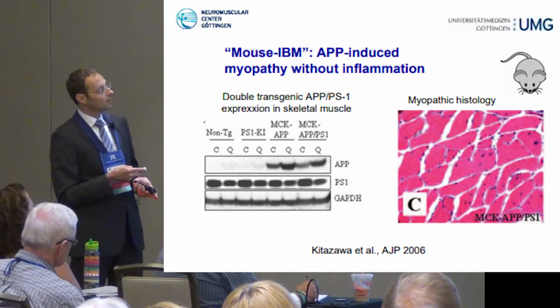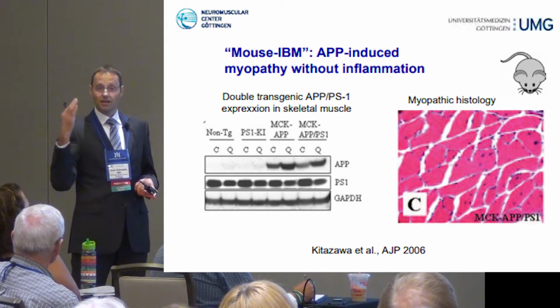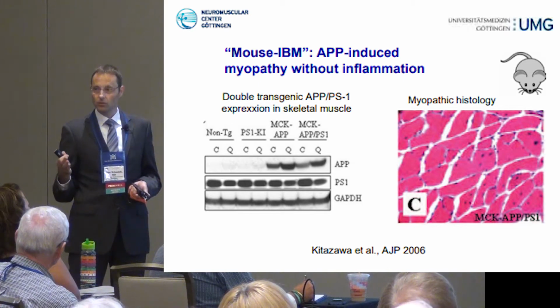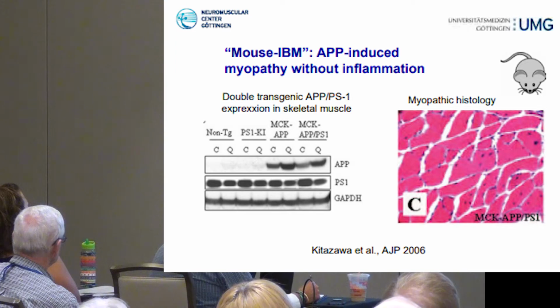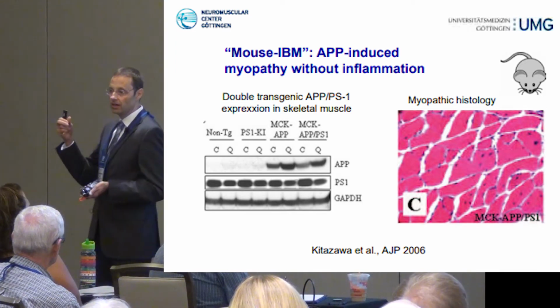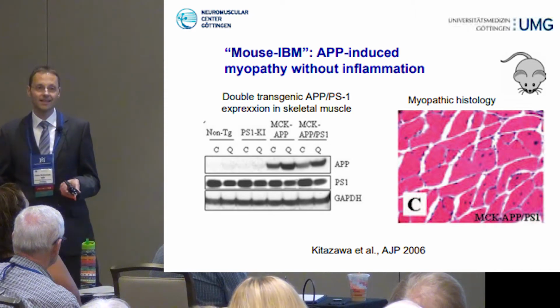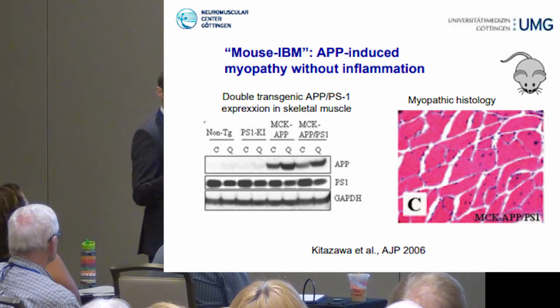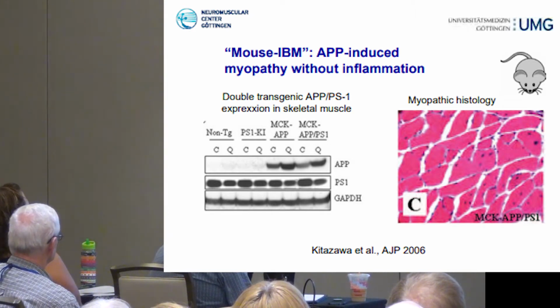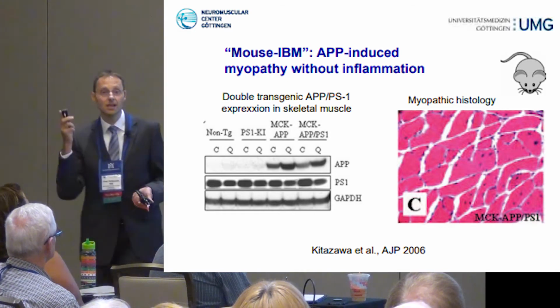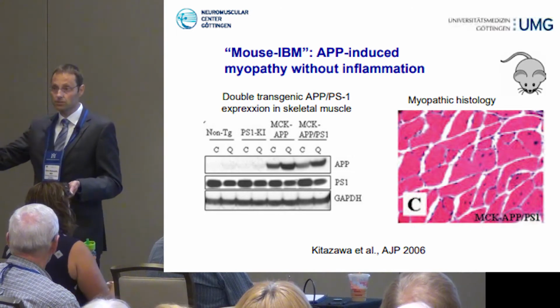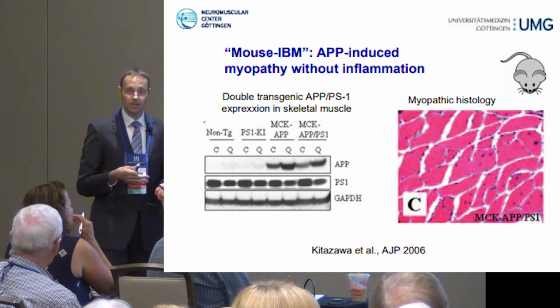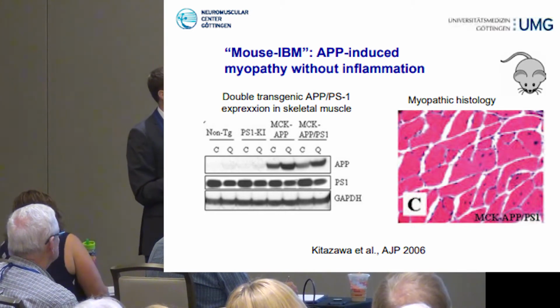They developed a mouse model with a specific overexpression of amyloid in the skeletal muscle, and they did that by using the enzyme creatine kinase, which all of you know, which is present in the blood when there is damage in the muscle, and they used this creatine kinase promoter to have a specific overexpression of amyloid in the skeletal muscle, and it worked very well.